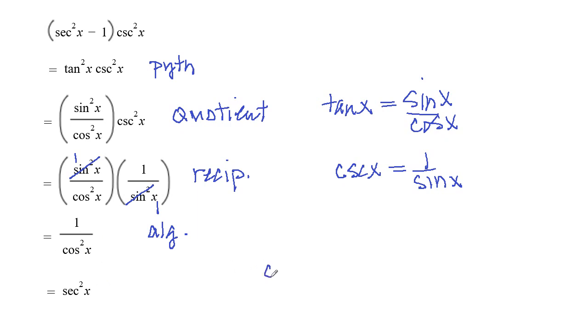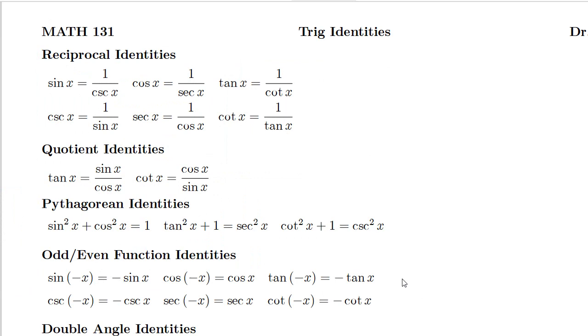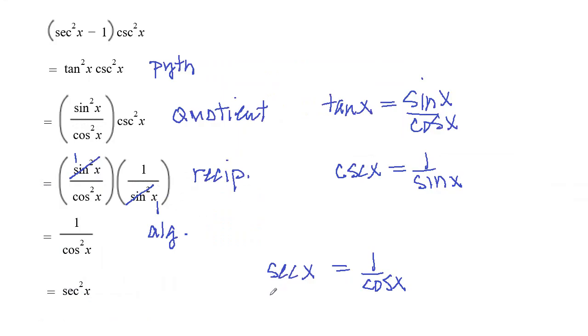So there they're using secant x is the same as 1 over cosine. That is this one right here. And they squared both sides of it. So that's a reciprocal identity, just like this one was. And that problem's done. Again, we're just filling in which identity did they use, or was it algebra?